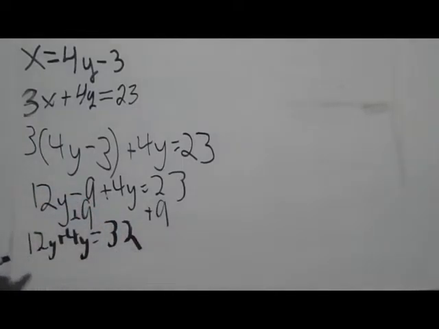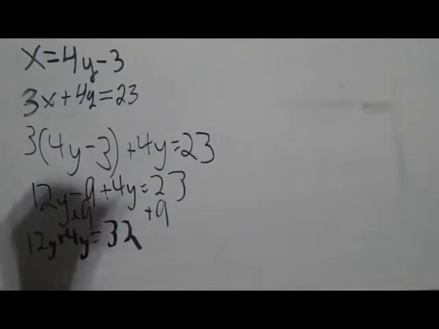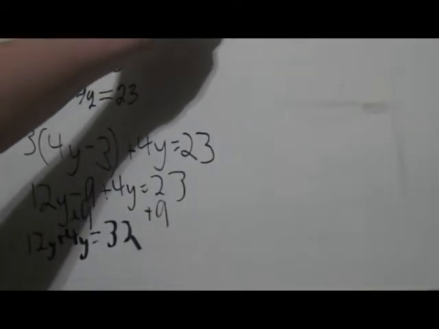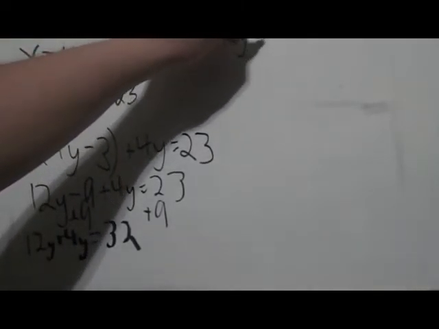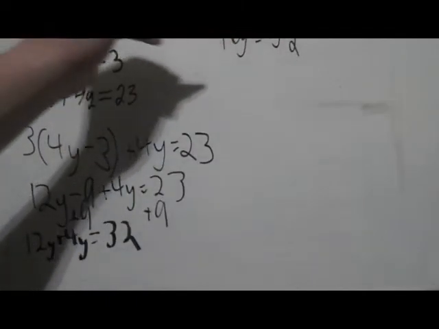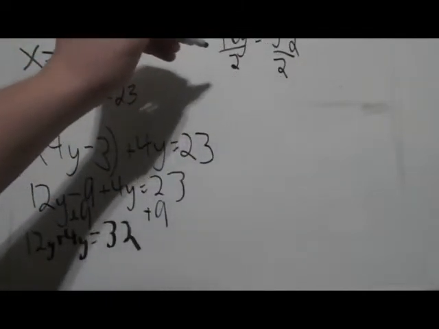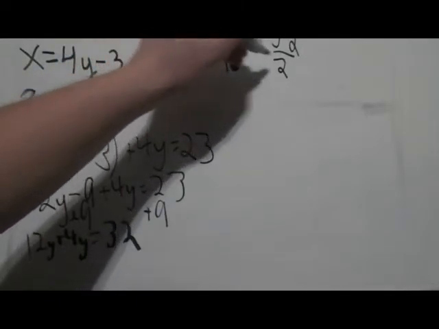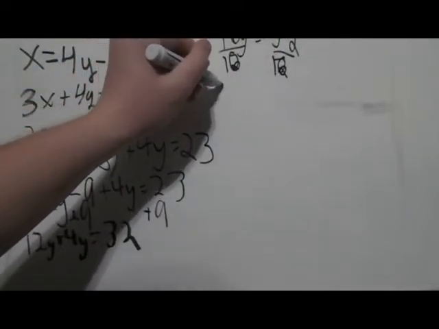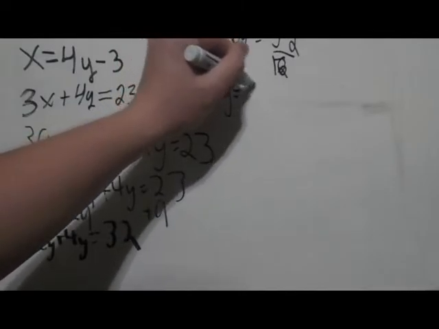And then we just add these two together. So now we have 16y equals 32. So if we divide each side by 16, we get y equals 2.